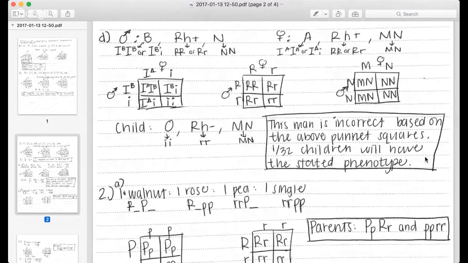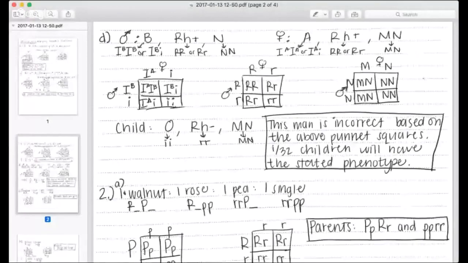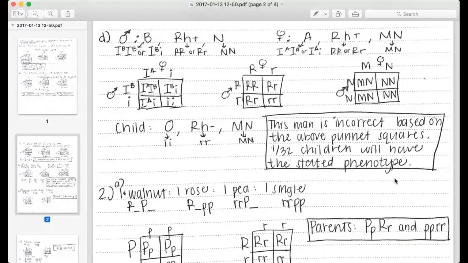Question D. A man with blood type B, Rh positive, and N says he could not be the father of a child who is Rh plus and MN. Is this man correct? And explain. When I went over it, there is a possibility in that there's a B i and an A i.